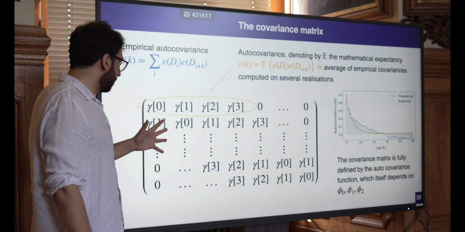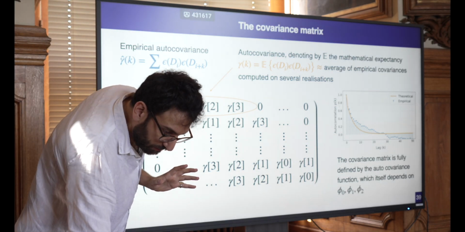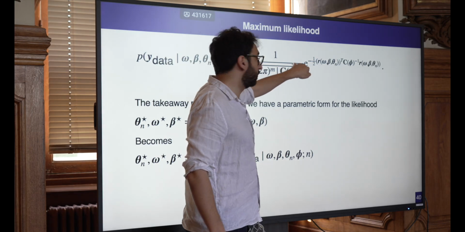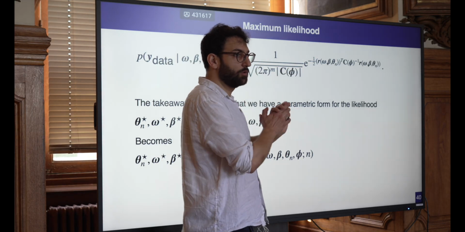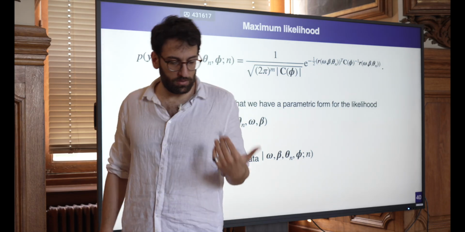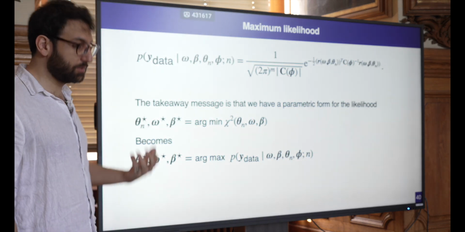So the bottom line is, in this equation, we know how to define everything. We know how to instantiate the covariance from our autoregressive model. We know the residuals from the model of the astronomical signal.